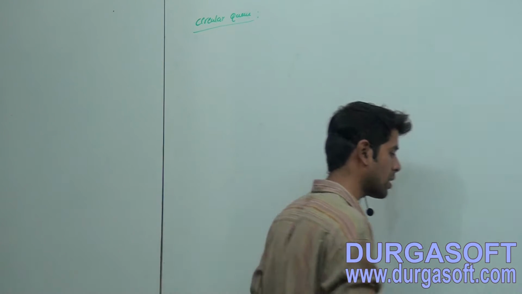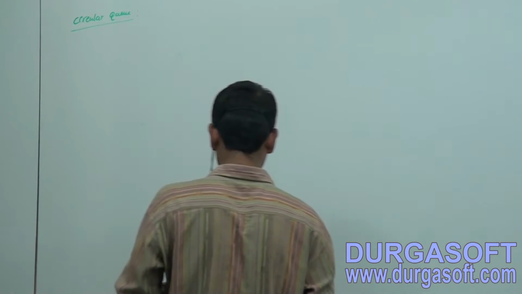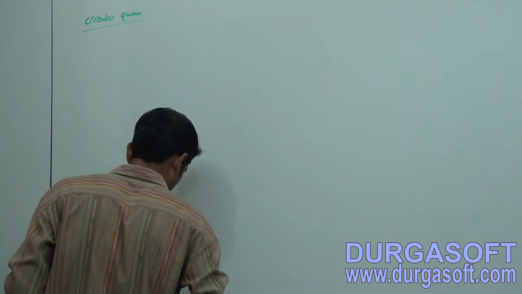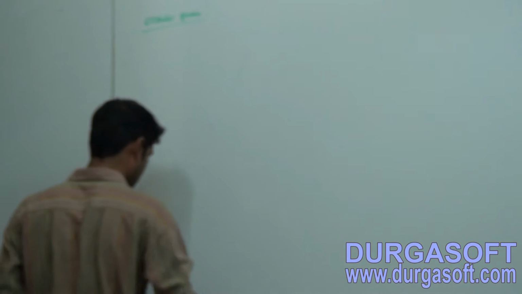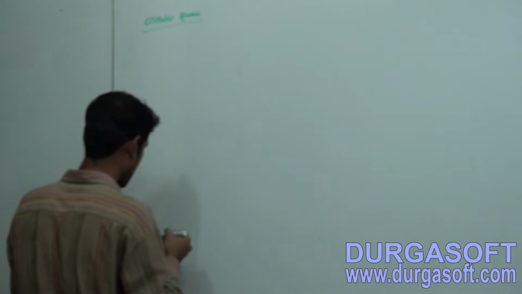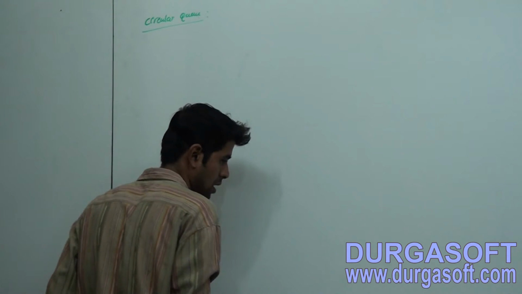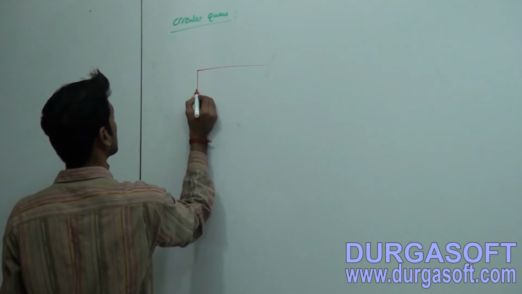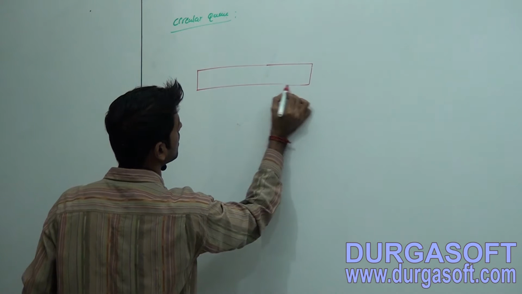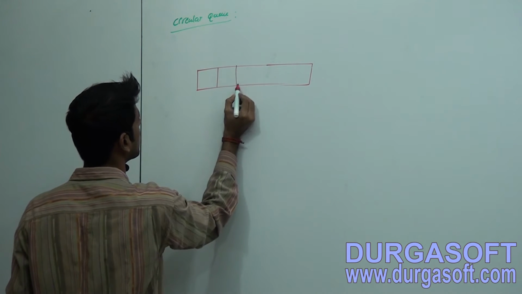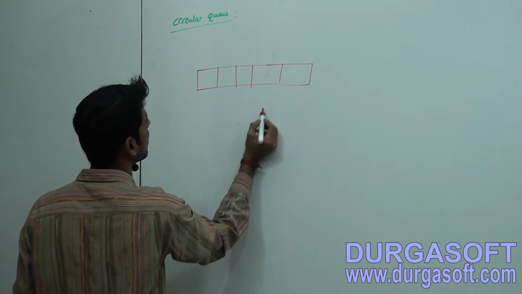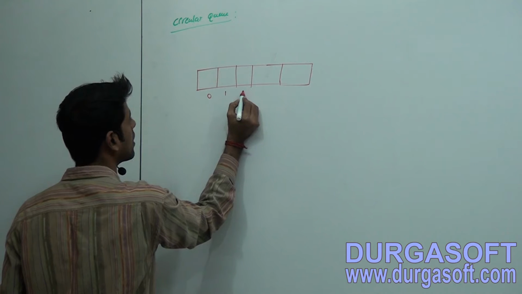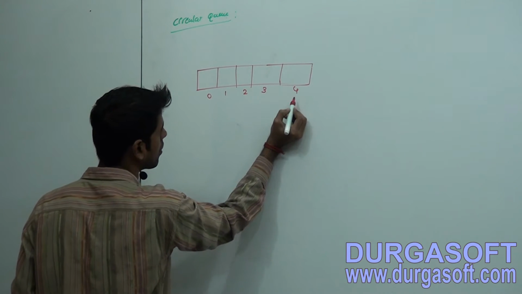Now observe here, let me take one array with the size of 5: indexes 0, 1, 2, 3, 4.